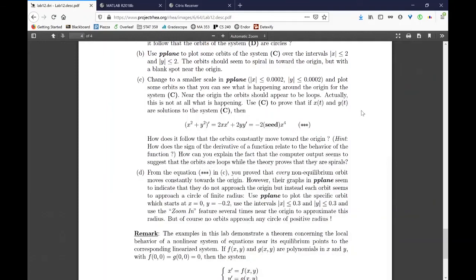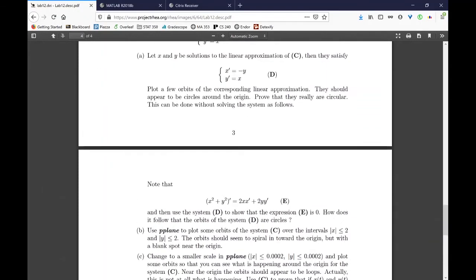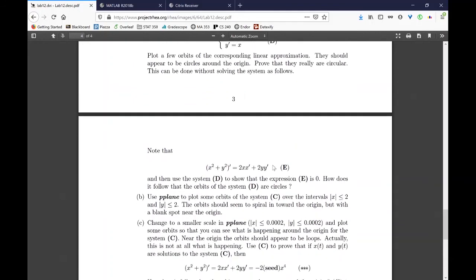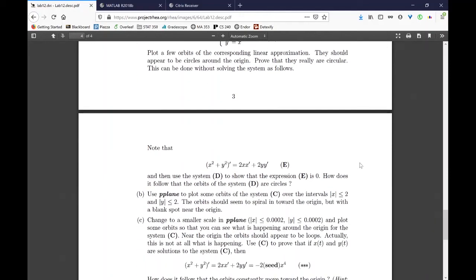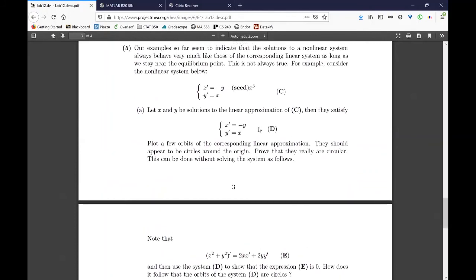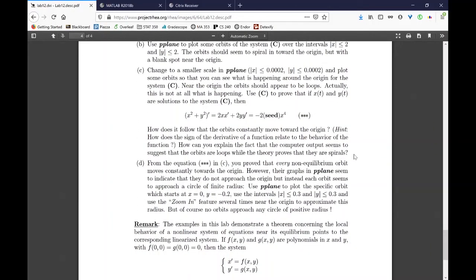So in the end, we see that our approximations in D are circles, but our actual system of differential equations is a spiral, and so they don't match up, even though the linear approximation usually does match up. Usually this happens in this specific case, where our nonlinear system is a spiral, but our linear approximation is a circle. That's just how it usually ends up not equaling each other.